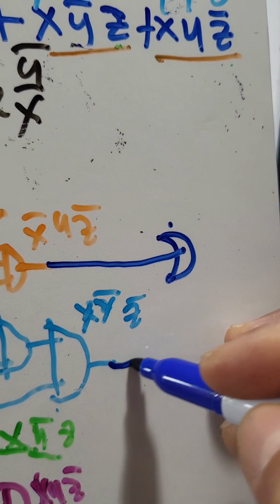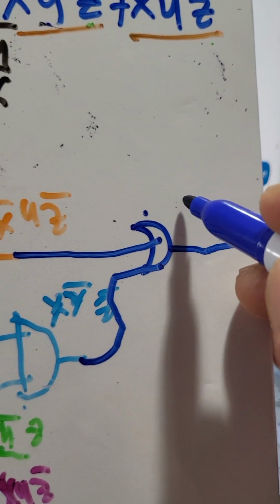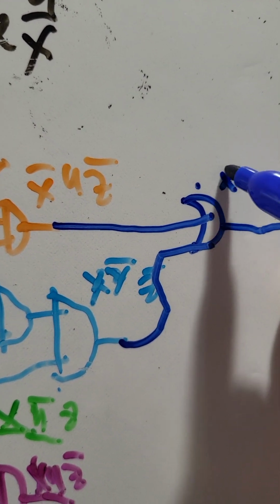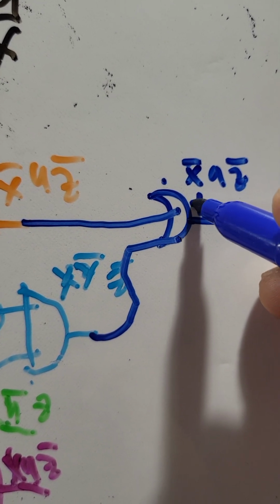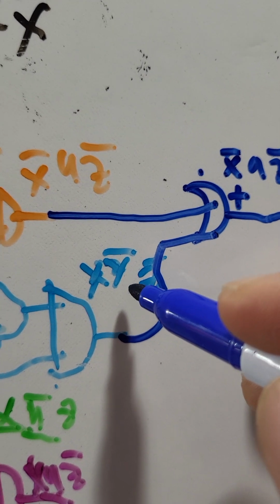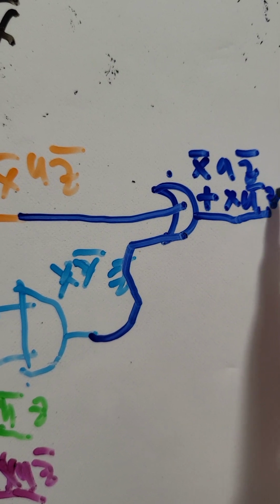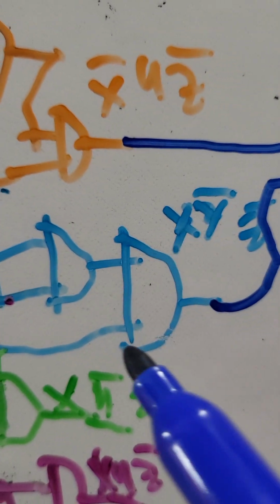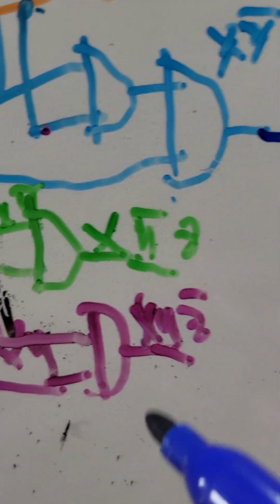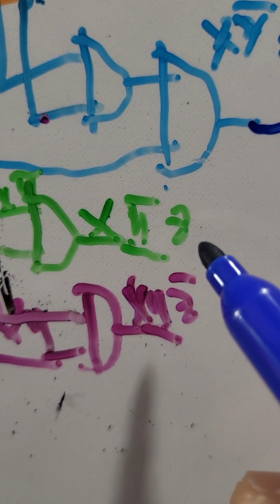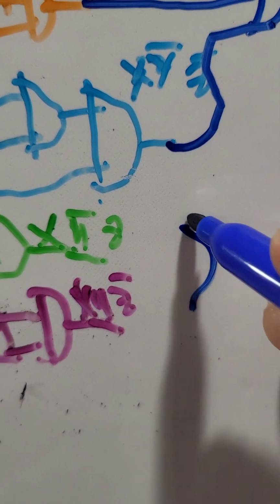And the output of this is x bar y z bar plus, because this is an OR gate, x y bar z bar. Okay, the output of this gate here. Now about these two, the x y bar z and x y z bar, you have also another OR gate here.